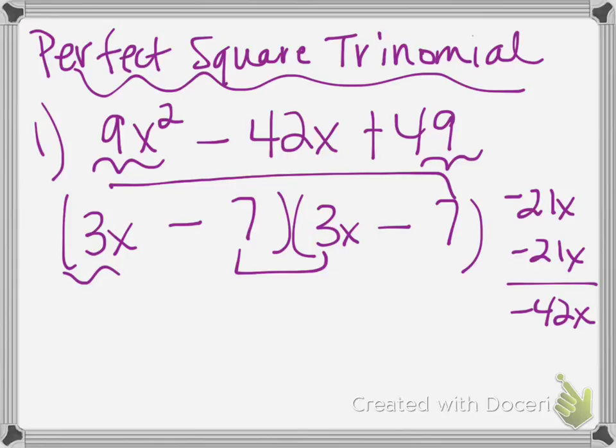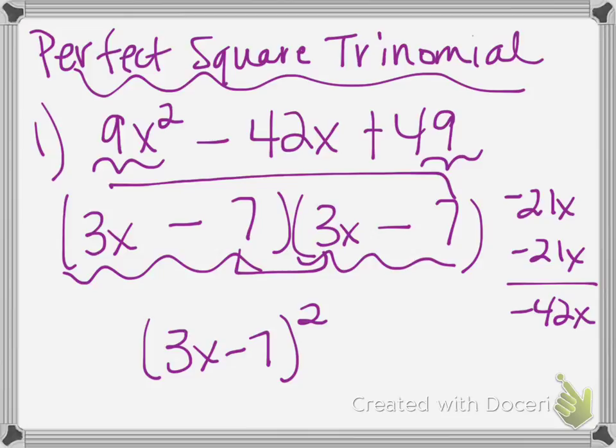So what you'll notice is both of these binomials are the same exact thing. And that's what makes the 9x squared minus 42x plus 49 a perfect square trinomial, because technically I can write my answer as 3x minus 7 squared instead of 3x minus 7 times 3x minus 7. Now, I don't care whether you give me the answer as 3x minus 7 times 3x minus 7 or 3x minus 7 squared.